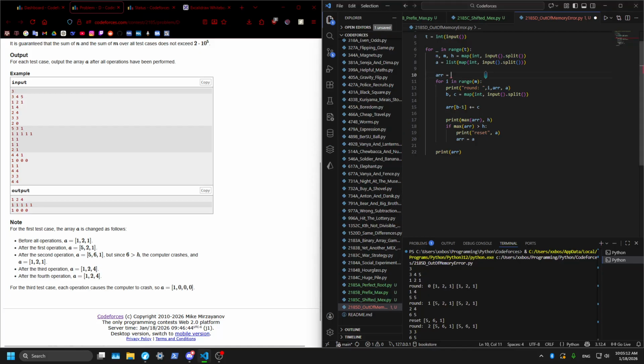So R equals A dot copy. Copy dot, so how do I use this? It's deep copy. Copy dot deep copy. Do I need an import? Import copy. Can I import copy?